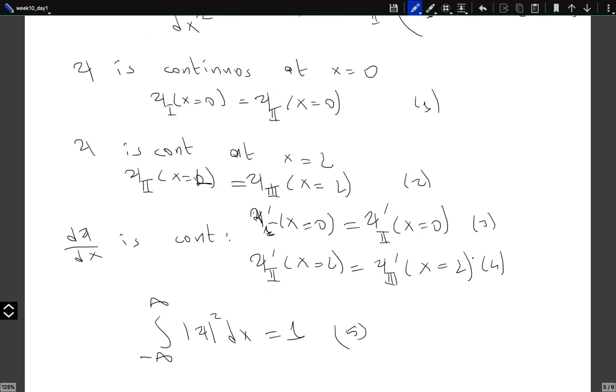We don't have any psi4. I have 4 equations. I don't have psi4. You see, equation 4 is a relation between psi2 prime and psi3 prime. The wave function has to be continuous, and its derivative should be continuous. In fact, what we have used as boundary conditions: our wave function should go to 0 at infinities.